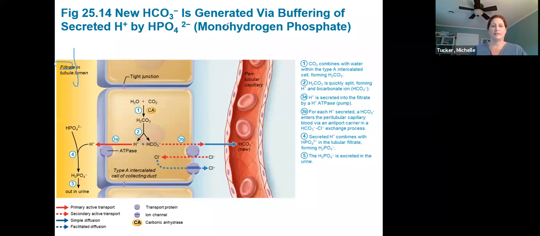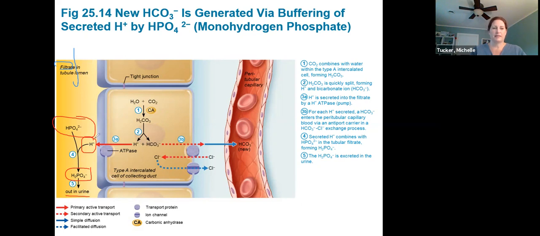Then how do you know that it's the phosphate pathway? Well, it says right here, we're going to use the phosphate buffering system in the urine. So phosphate, this is monohydrogen phosphate. It can accept a hydrogen ion that has been secreted into the filtrate, into the lumen, and now it combines to form dihydrogen phosphate, and it is excreted to the urine.